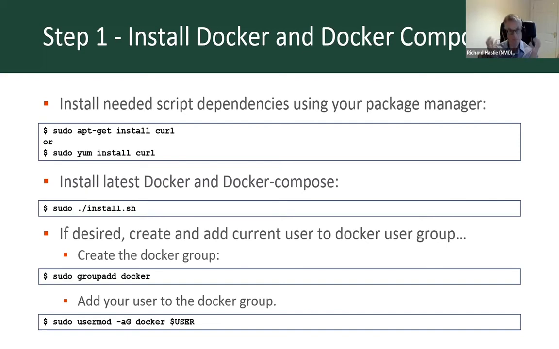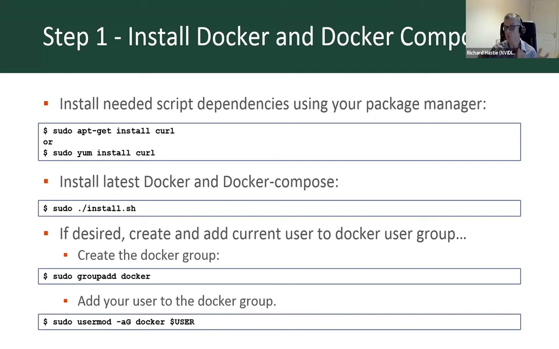So really, step one is as simple as you've got to install Docker and Docker Compose, because that's what the infrastructure is built on. We do have a dependency on curl, so the first thing you need to do is to install curl. But we've provided this install script that should do 95% of the heavy lifting. That will do all of the installation of Docker and Docker Compose and all of the required configuration.